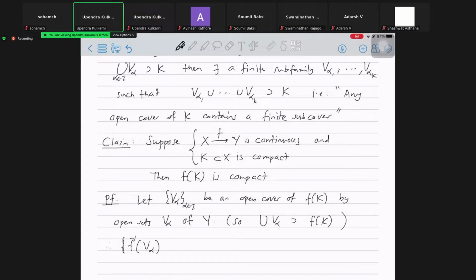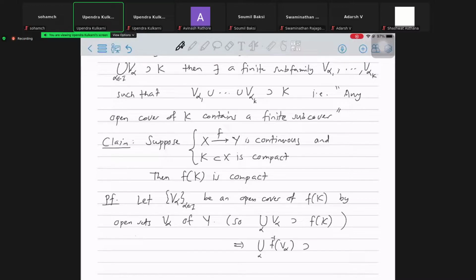All right, so let's erase this. Let's first do the set theory part. So the union of f inverse of V alphas contains what?